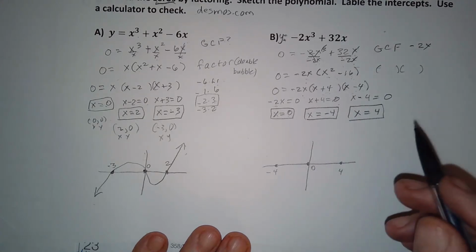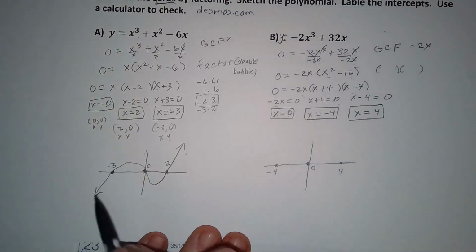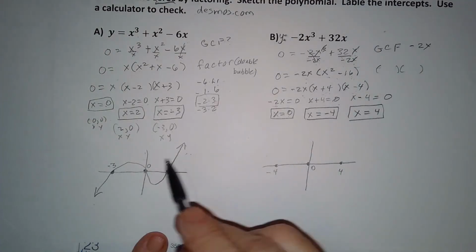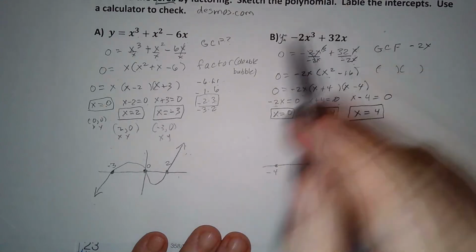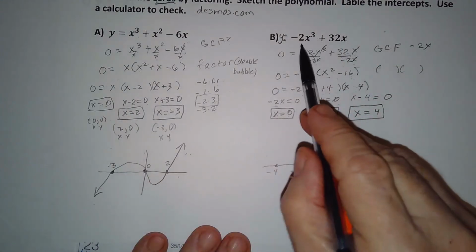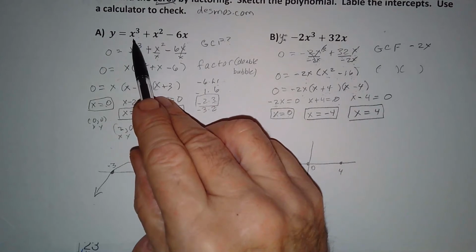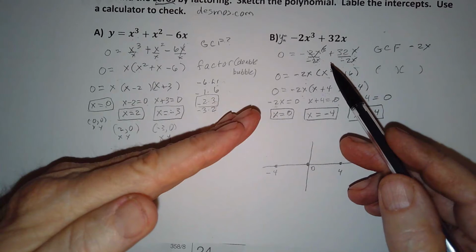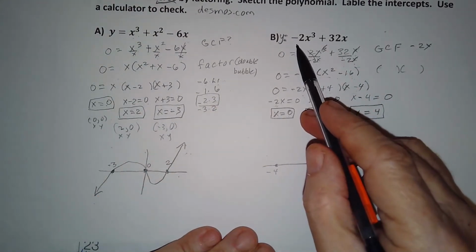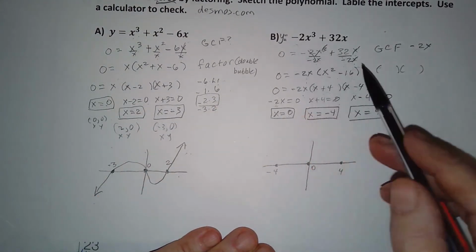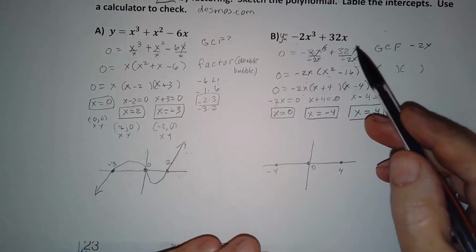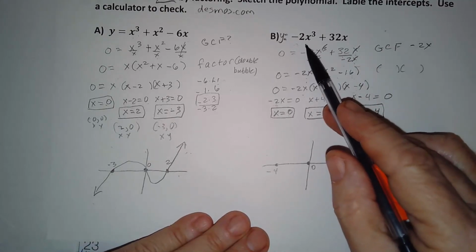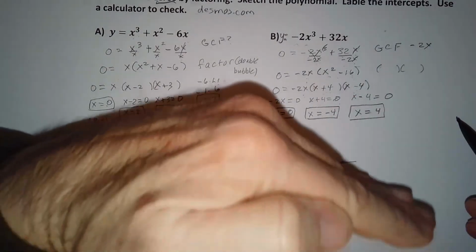Now, does my graph start down and go up, or start up and go down? To find that out, we always look at the leading term. Before, the leading term was x cubed, and that was positive, so in A the graph goes up. Here, the leading term is negative. You remember, if the leading term is negative, then your graph is going down.